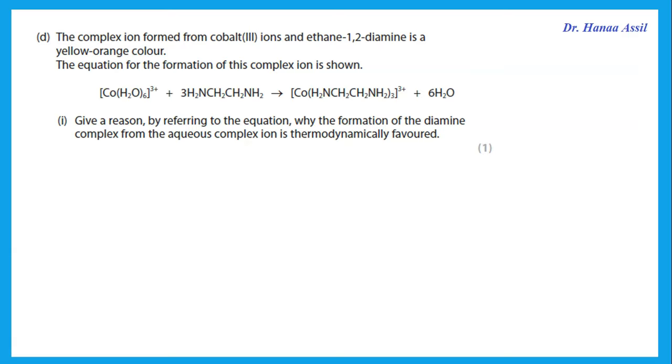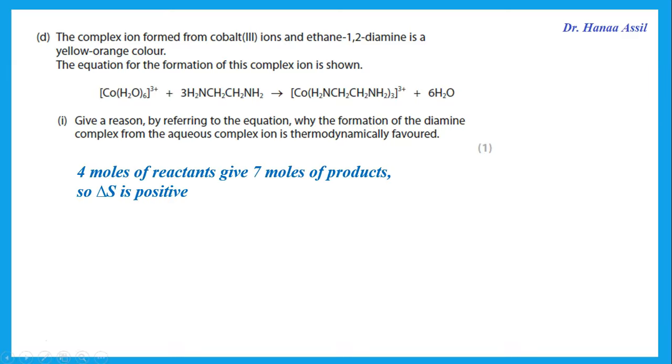We said there are many things that make a reaction feasible, but just looking at the equation, you can tell that the number of moles is increasing. So we're starting with 4 moles of reactants and we're given 7 moles of products. That means the delta S, or the entropy change for the system, is positive, and therefore the reaction is feasible.